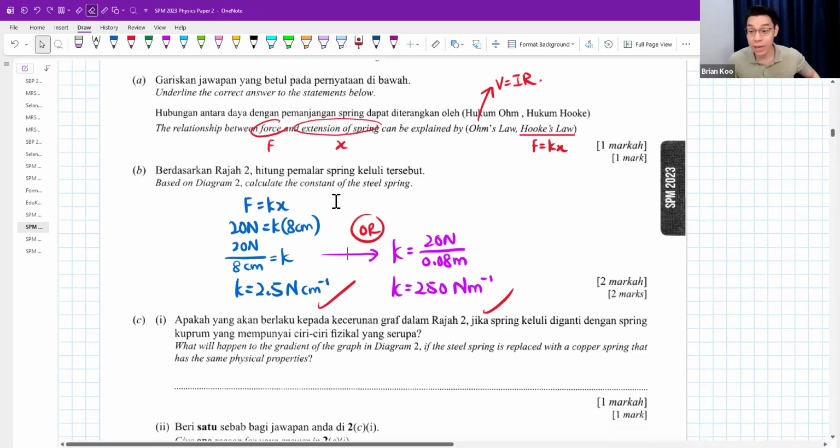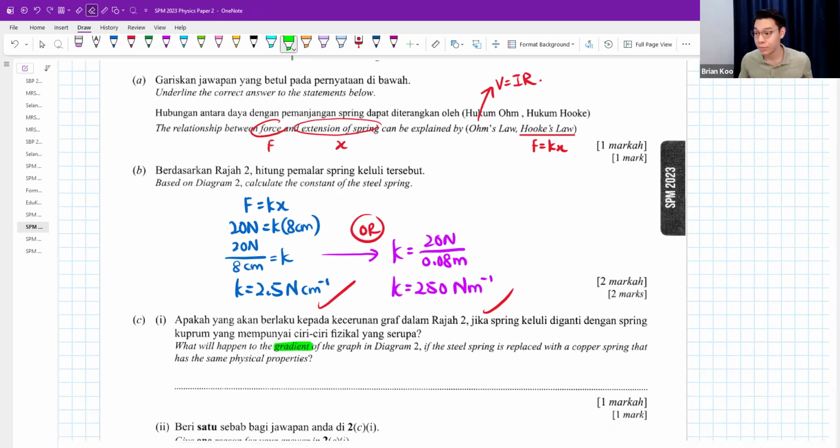Okay, but C1, what will happen to the gradient of the graph if the steel spring is replaced with a copper spring that has the same physical properties? When they say same physical properties, I realize a lot of students don't understand this. What do they mean by physical property?